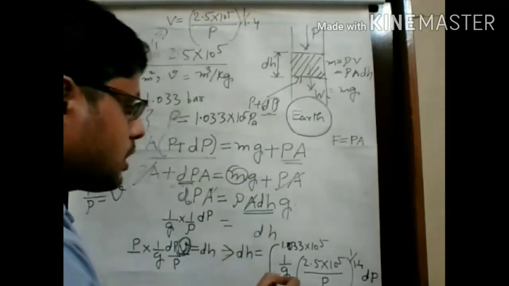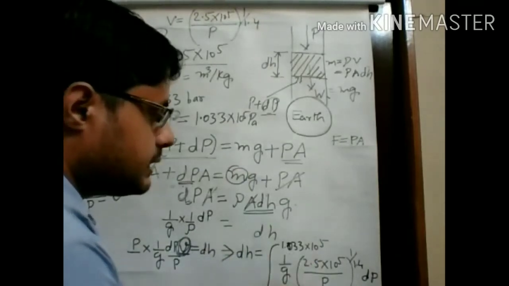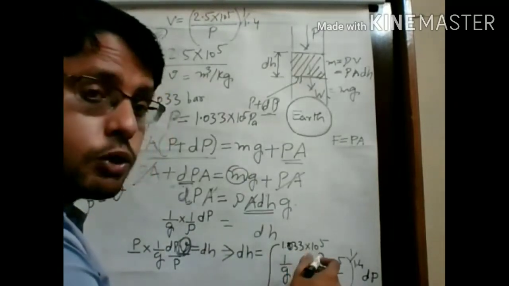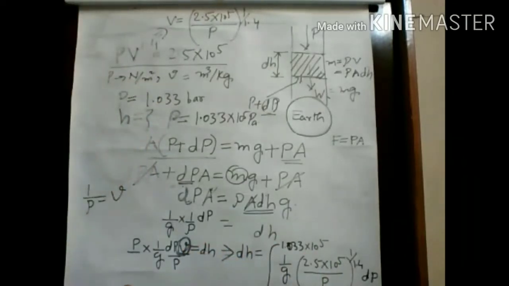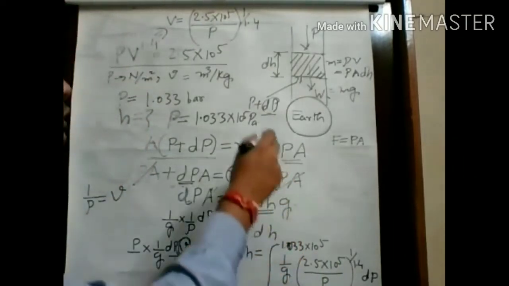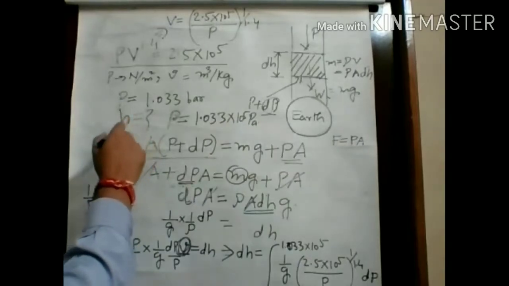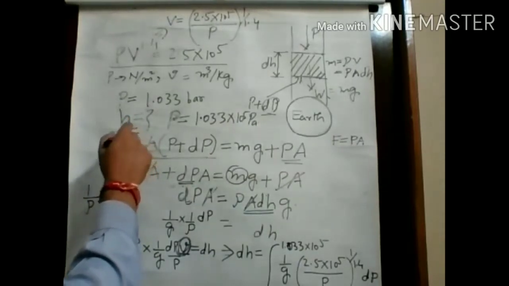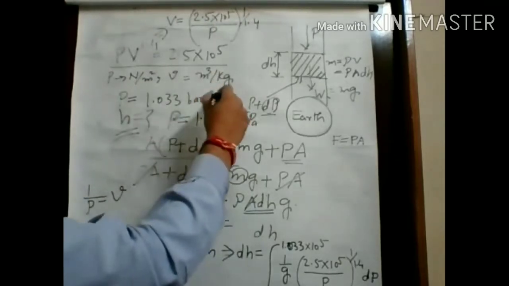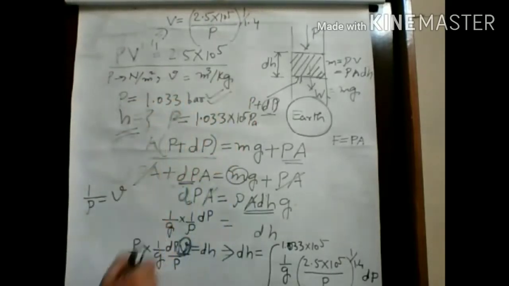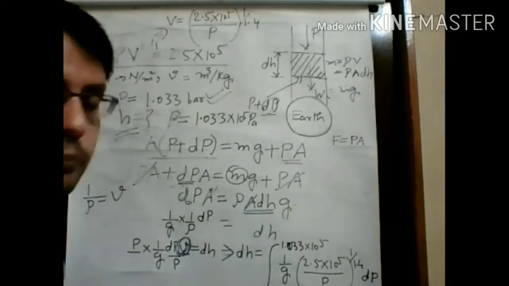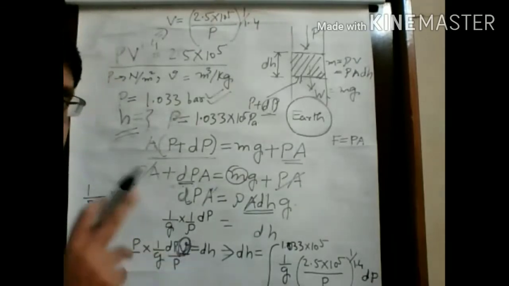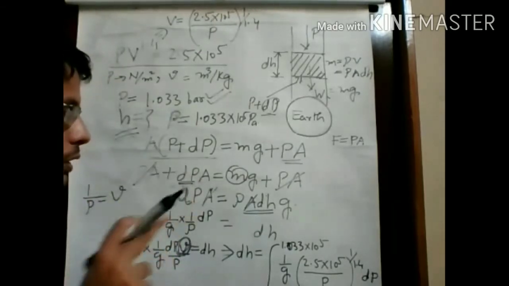Here we put the limit 0 to 1.033 into 10 to the power 5 because we want to get the height of that atmosphere layer on which pressure has the value 1.033 bar. That means 1.033 into 10 to the power 5 Pascal.